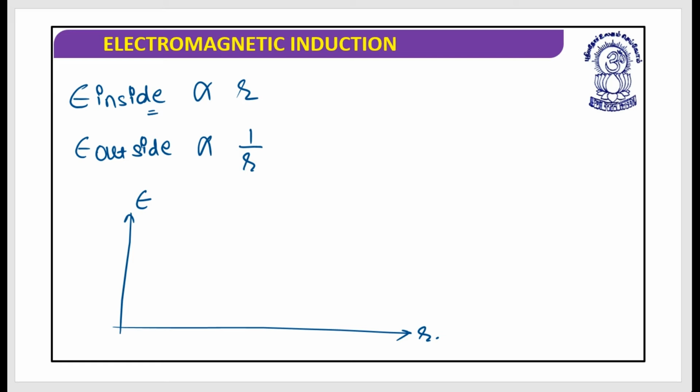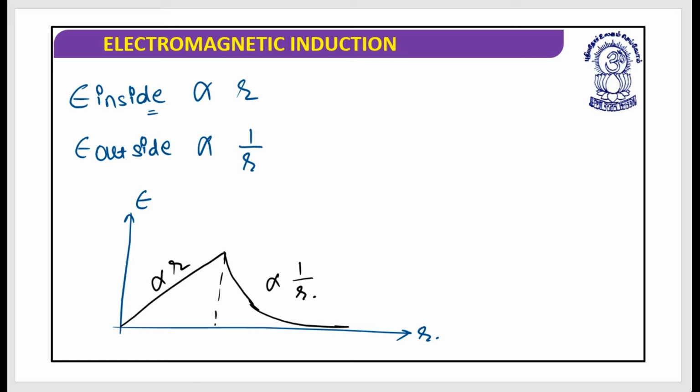For E inside, it would be something like this. This is directly proportional to r, and E outside is inversely proportional to 1/r. I hope this is clear. Is it clear? Are you sure? Great. Well done.